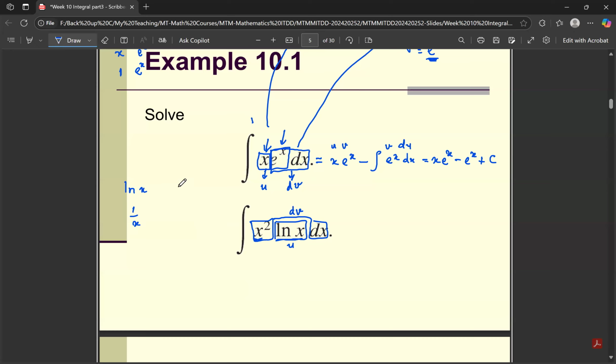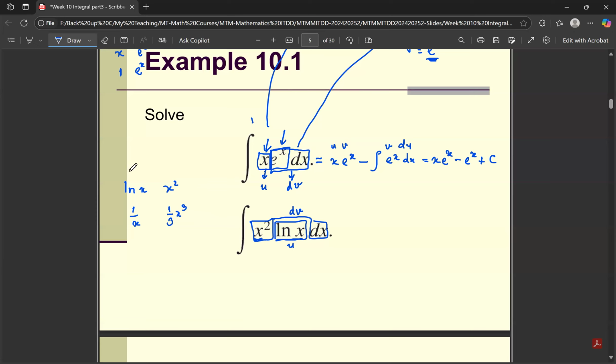And the second column is x squared, the function of dv, and then we must integrate it. We have 1 over 3 x cubed.